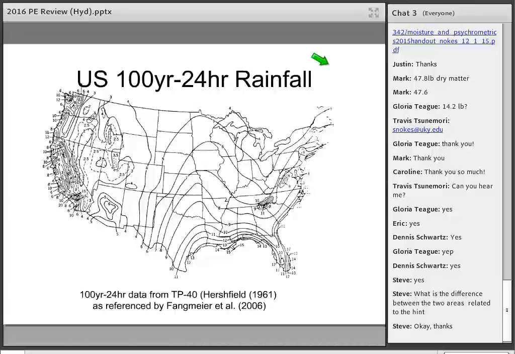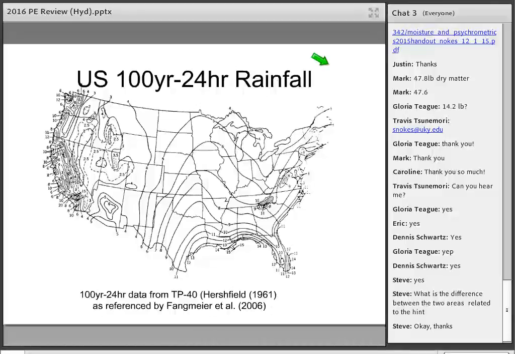What NRCS has done is they have it tabulated by county. If you go into their field office tech guide, there should be a map or a table that will give you various years, various durations for every county in the state that you're dealing with.